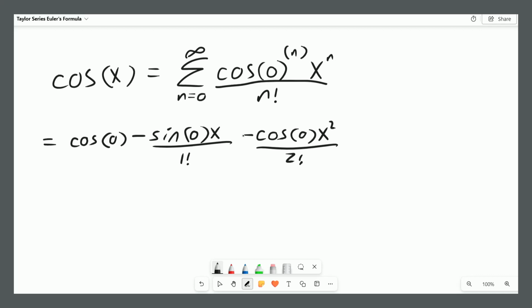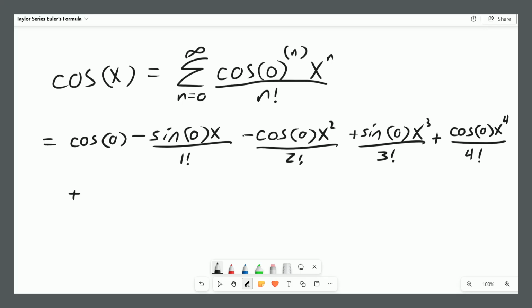Then we have the derivative of negative cosine, which is positive sine, at 0 times x cubed over 3 factorial, and we'll do one more term, which is going to be a positive cosine at 0 times x to the power 4 over 4 factorial, and we can see the pattern here emerging.